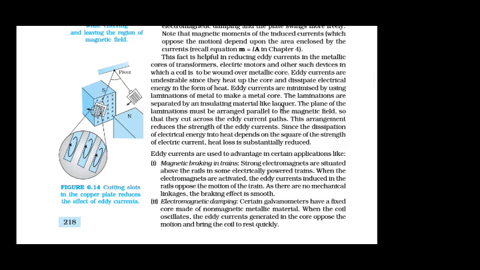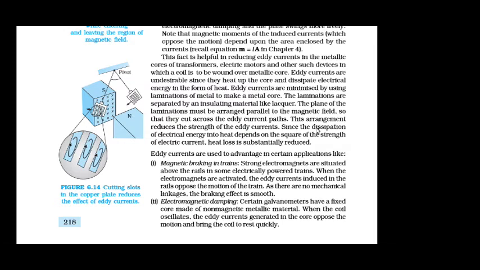The laminations are separated by an insulating material like lacquer. The plane of the laminations must be arranged parallel to the magnetic field so that they cut across eddy current paths. The arrangement reduces the strength of eddy currents.